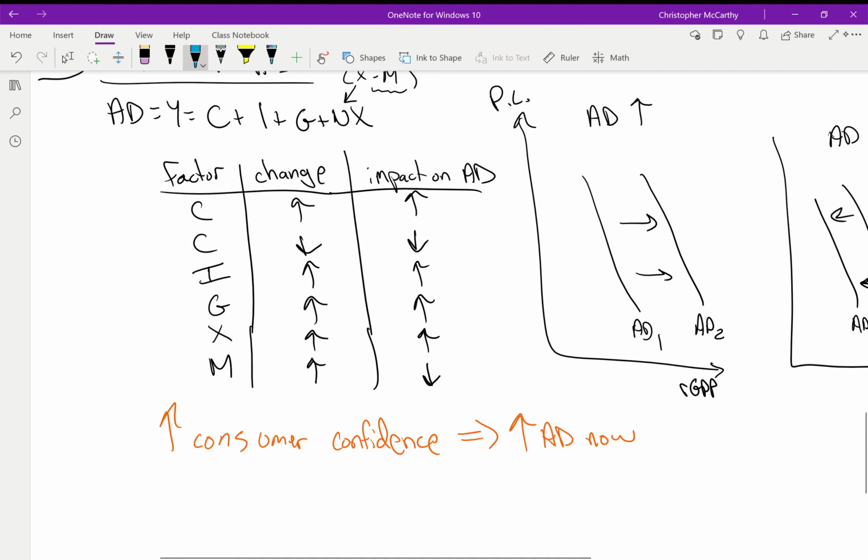Exact same kind of reasons we've got for business investment. If there's an increase in business confidence, then that means that firms are going to spend more on investment. They're going to believe that the future payoff is going to be substantial.